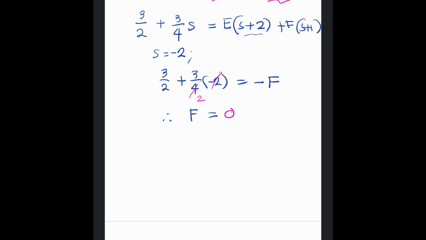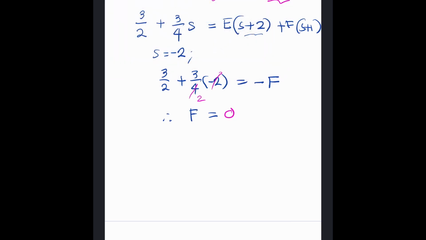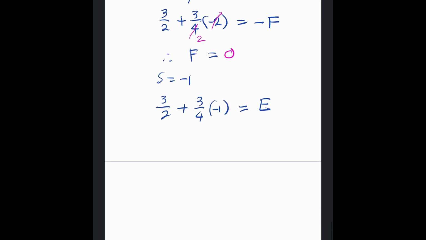Okay, let's try another example. If s is equal to negative 1, it becomes 3 halves plus 3 fourths times negative 1 equals e. So therefore e is equal to negative 3 fourths?